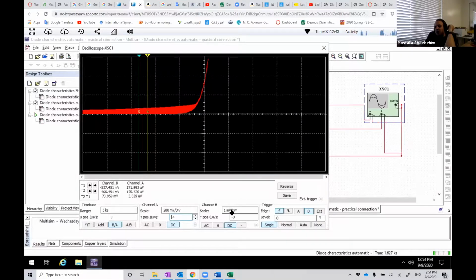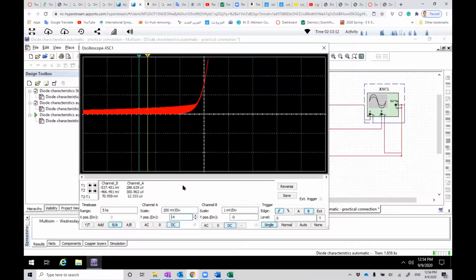Then divide by 0.01 ohms to get the current. Now you have the actual current difference and the actual voltage difference. You just divide the voltage difference by the current difference. You will get the slope, or not the slope, 1 over the slope, which is the resistance. Is that clear?